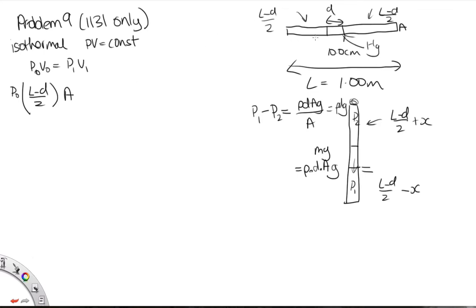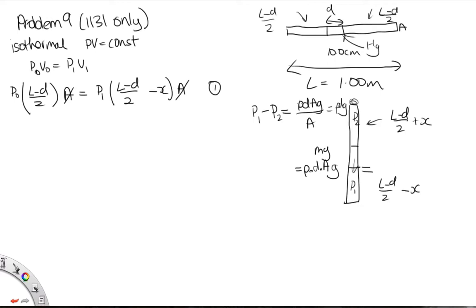That gives us the volume here. Then it's down here. Finally, the pressure P1, which we don't know, and the new volume is given by ((L - D)/2 - X) times A. The surface areas will cancel out. Let's call this equation 1.